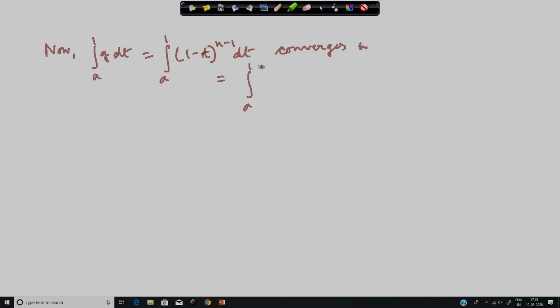From a to 1, I can write it as dt by (1 minus t) to the power 1 minus n.